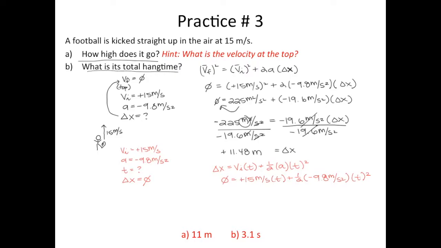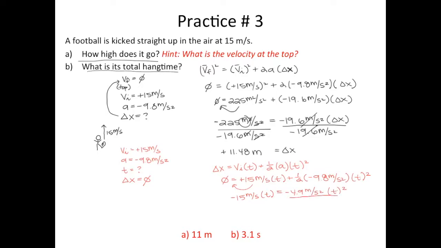Now, if you recognize, we've actually done something very similar to this algebraically. We did a problem where we had these similar values and we were solving for time. So if you remember, we first moved the 15 to the other side, and we got negative 15 meters per second times t equals 1/2 of 9.8, which is negative 4.9 meters per second squared times t squared.